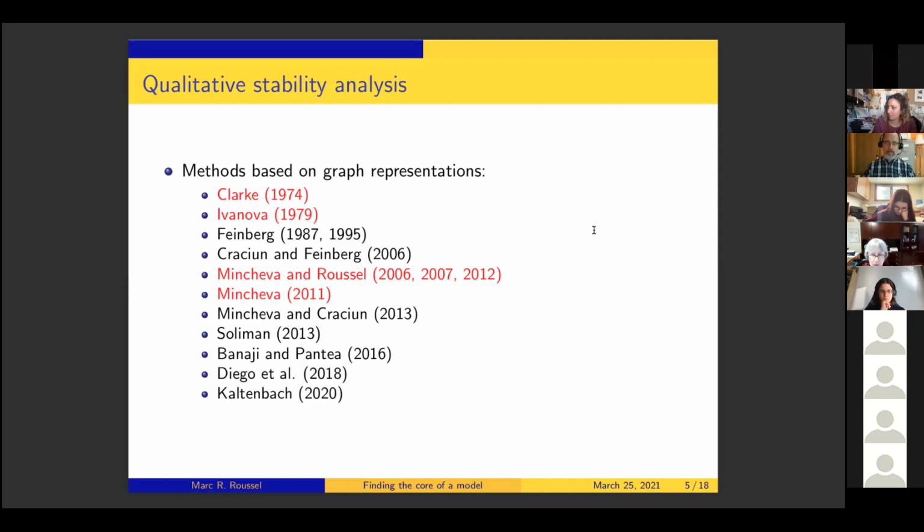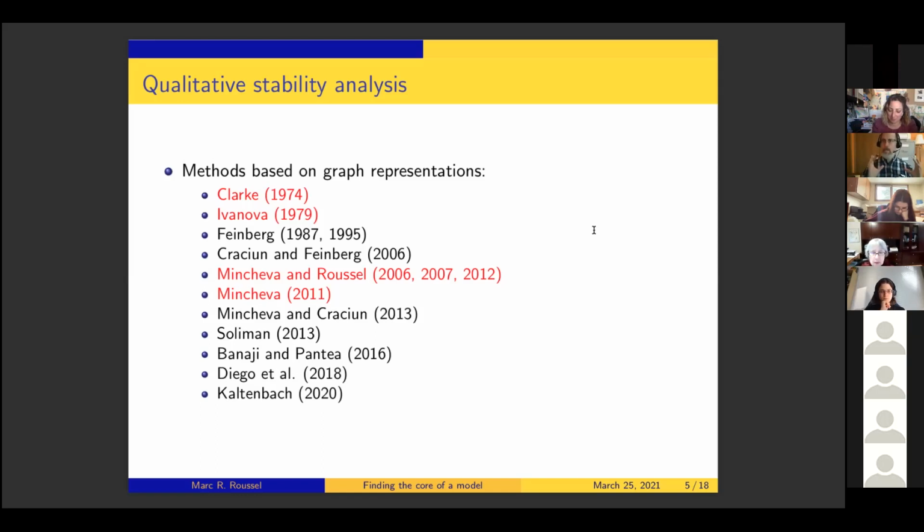Well, Maya Mincheva, who came to my group as a postdoc, really brought this idea that she wanted to work on this, and we published a series of papers where we basically took Ivanova's work and we put it on a solid footing with detailed proofs of why this works and so on. Maya's followed that up. She's still working on a lot of this stuff. So that's just a quick historical thing again.